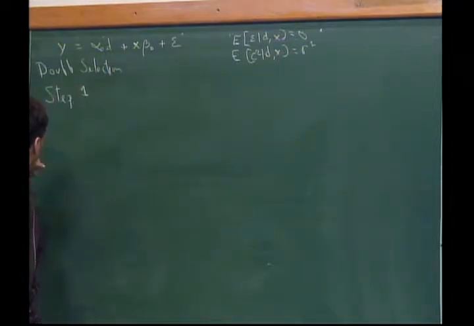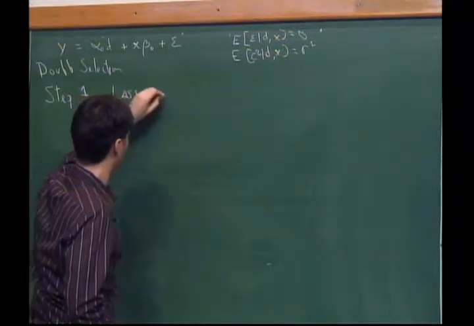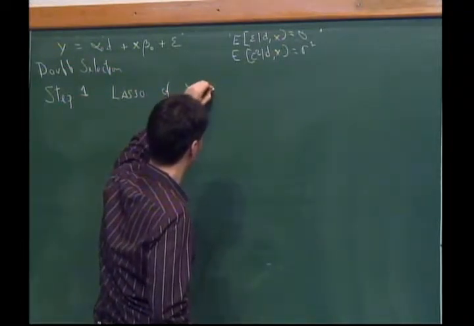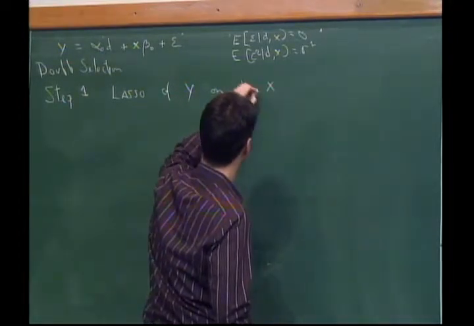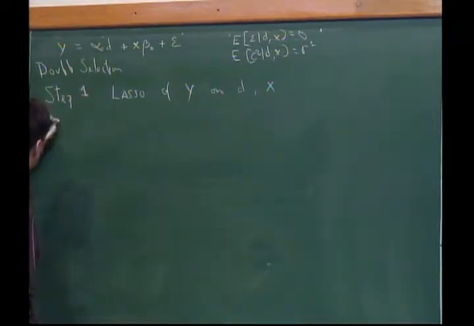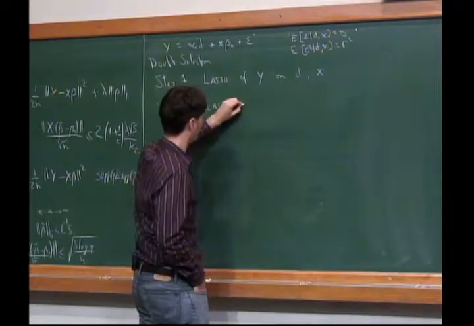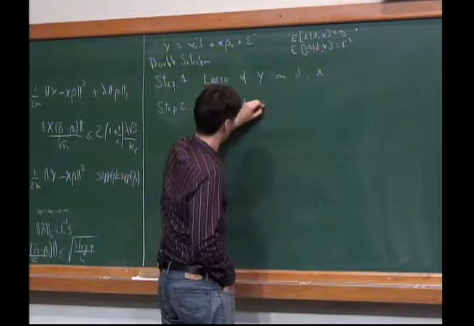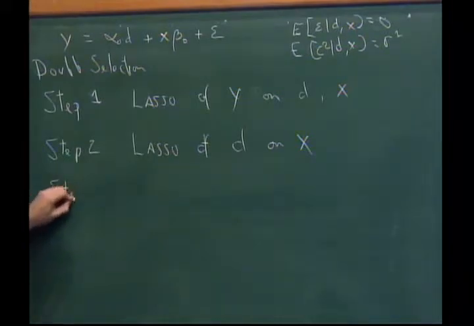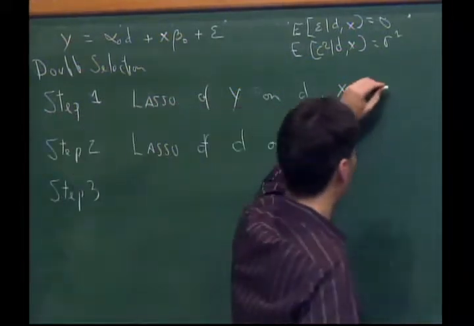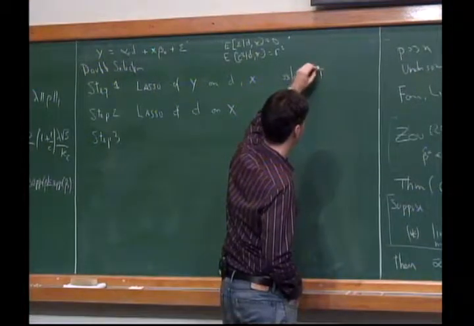So step 1, we do Lasso of y on d and x. Step 2, I'll do Lasso of d on x. And step 3, here I select a support, x T hat 1.